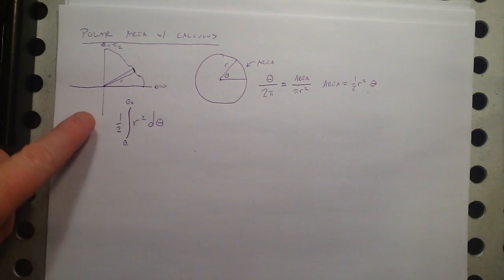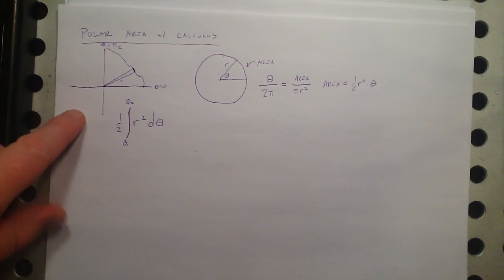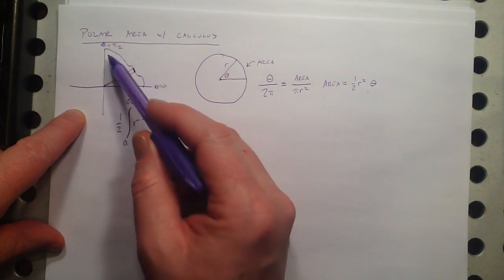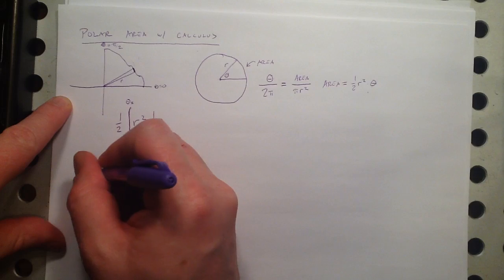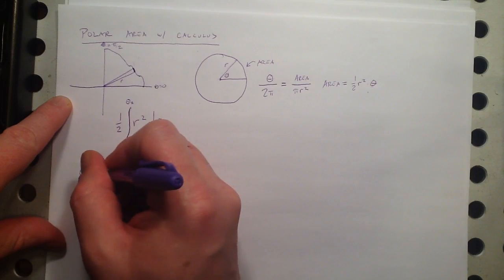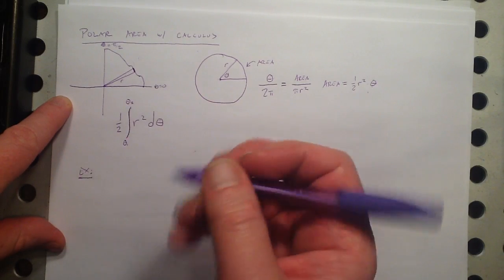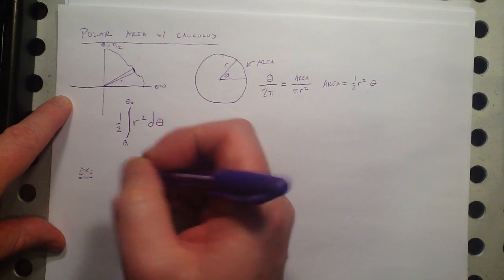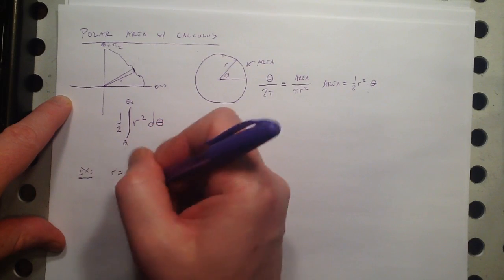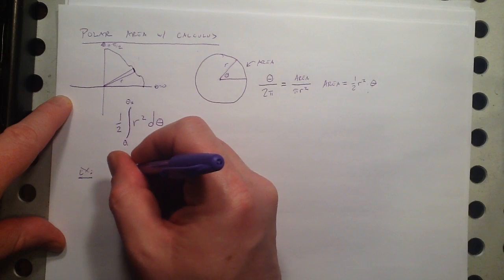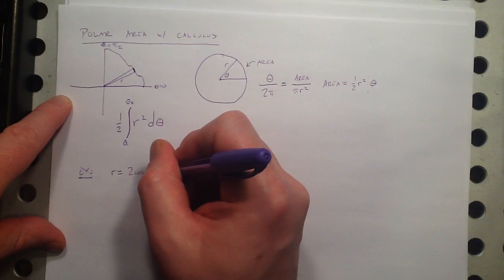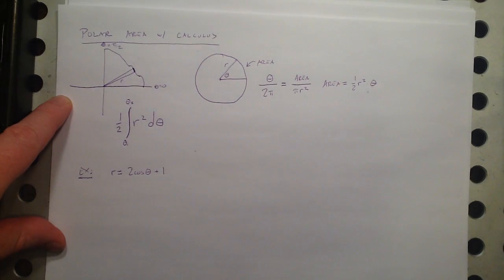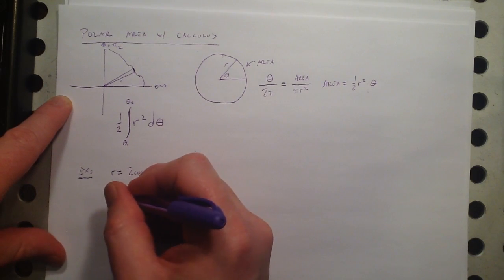In practice, there's a couple of different ways that this can happen. There are very basic examples where you just have to figure out where you're going from and to. So I'll give you one. In a couple of videos ago, maybe in our polar review, we looked at this, and that was the thing that's, I think, called a limacon.